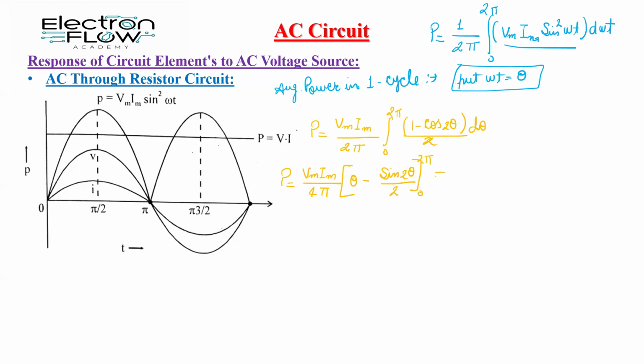So this value will be equal to 2 Vm Im divided by 4 pi into 2 pi.